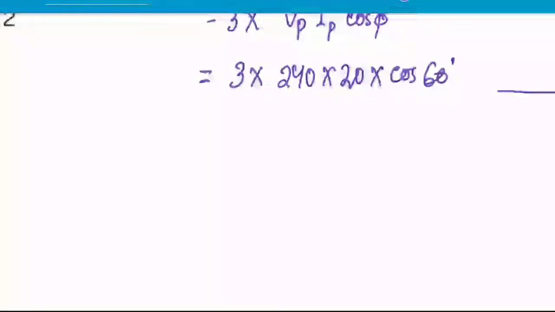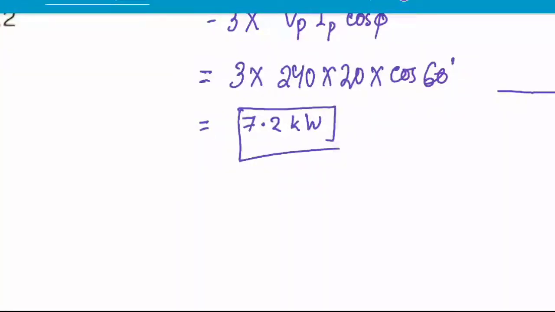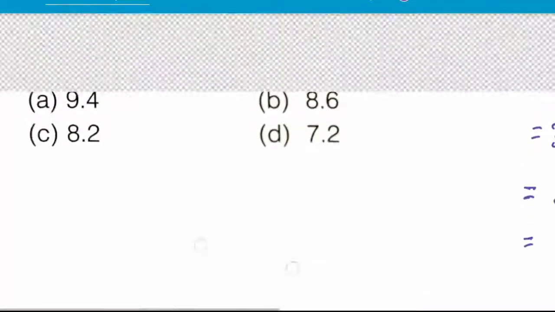So here we can say that the circuit consists of inductors and resistors because the current is lagging. This comes to be 7.2 kilowatt. Option D.